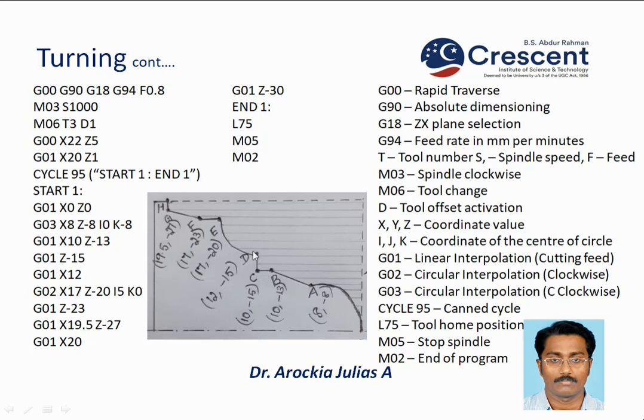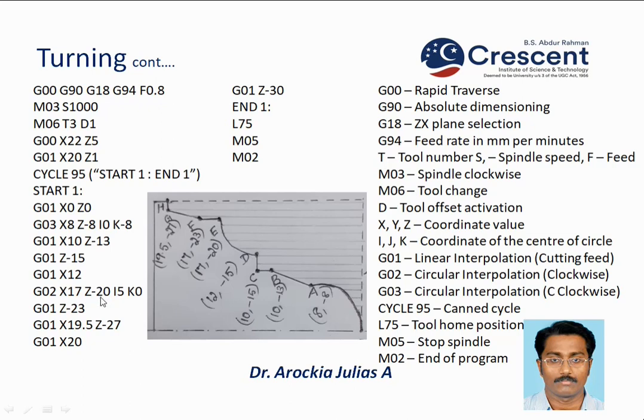Now from D to E it is a circular interpolation. So here it is a circular interpolation clockwise direction. So we use G02 and E value, the coordinate value of E is X17 Z minus 20, and the center point, here if you observe, the center point is 5 units in the X direction and 0 units in the Z direction.